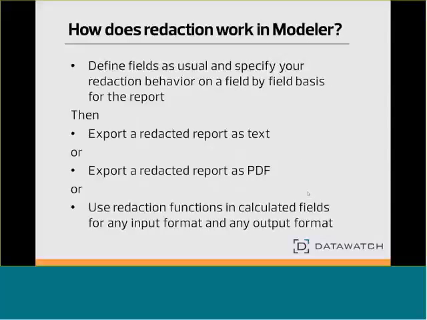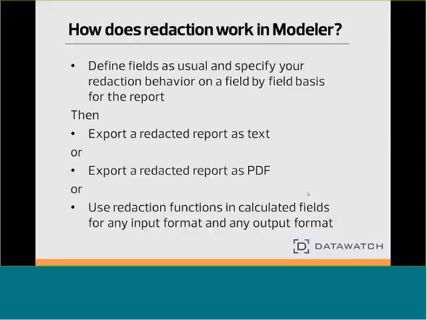So, how does redaction work in Modeler? In Modeler, you define fields as usual and specify redaction behavior on a field-by-field basis for each report. And then you can export a redacted report as text, export a redacted report as PDF, or use the redaction functions in calculated fields for any input format.